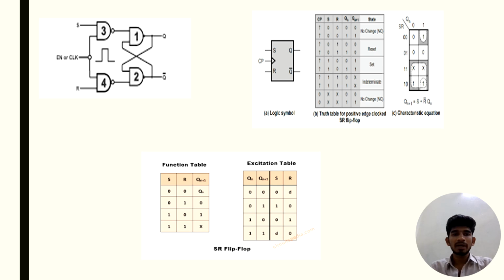Here, two NAND gates are cross-coupled to each other and attached to another two NAND gates. The logic symbol has S and R, and the outputs are Q and Q bar.